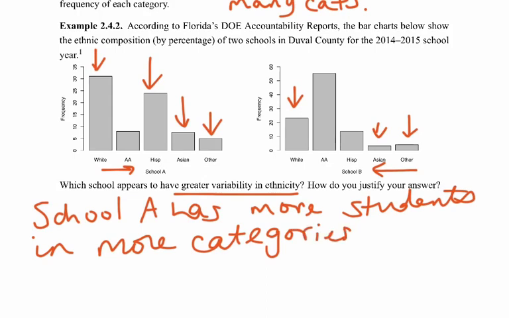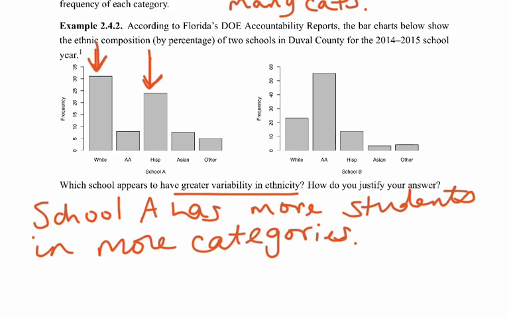It could even be said too, if you were to look at the mode, how many modes does school A have compared to school B? That's another way to think about it. If you'll notice at school A, we've got 2 bars that I would say are relatively similar in height. We've got this category here and this category here.